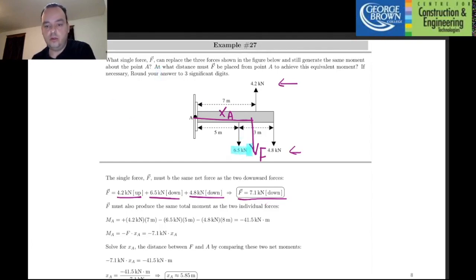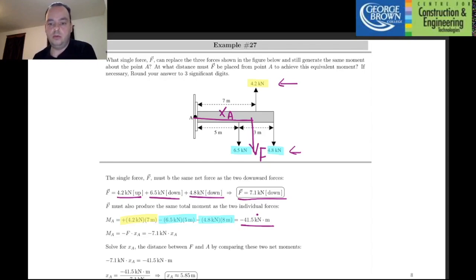So the 6.5 kilonewton force is over here, and it produces a negative moment because it's in the clockwise direction. The 4.8 kilonewton force is over here. It's also producing a negative moment, but the 4.2 kilonewton force is producing a counterclockwise moment, or positive. So the net moment caused by all three of these forces is negative, or in the clockwise direction.